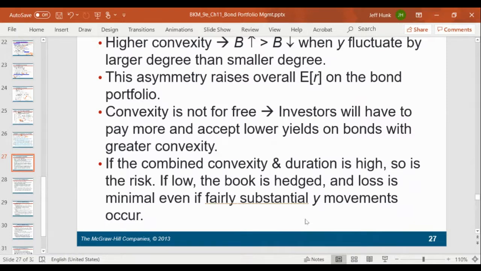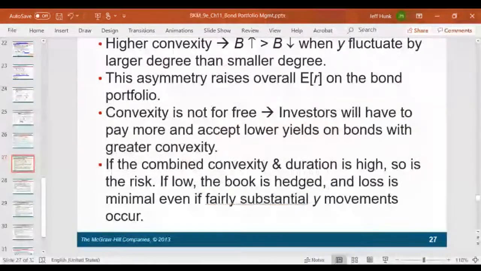And the price change in the bond will also be small, right?